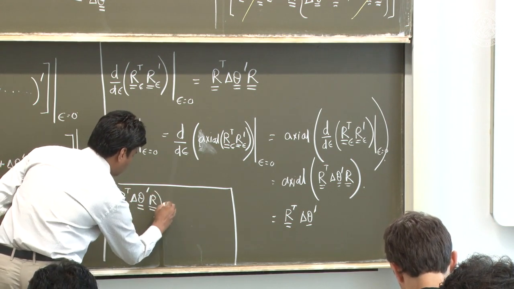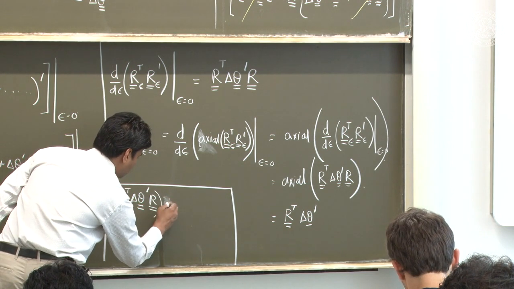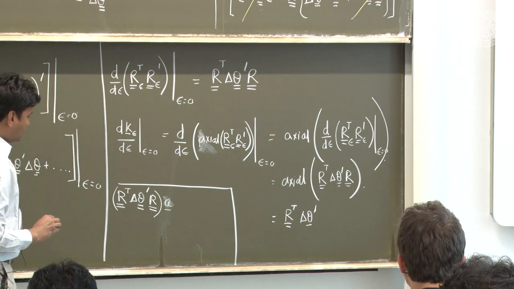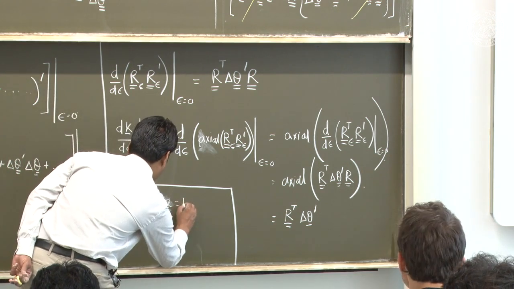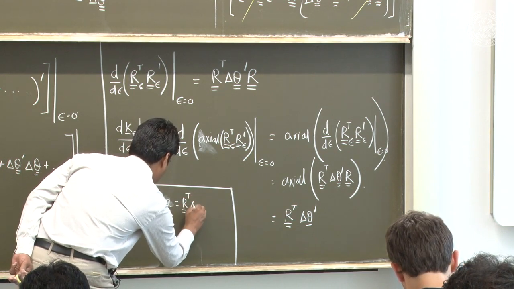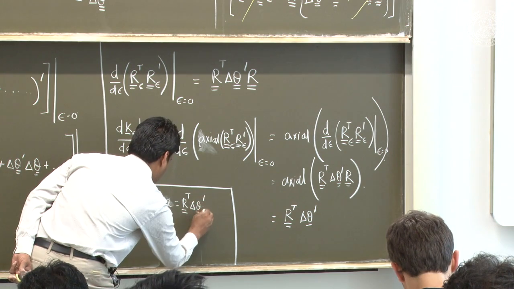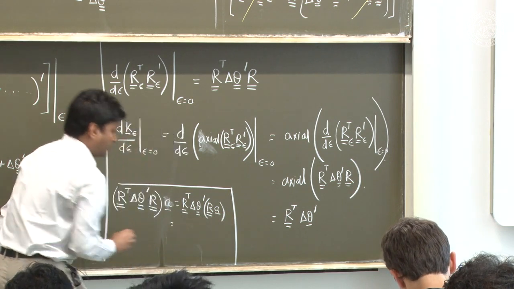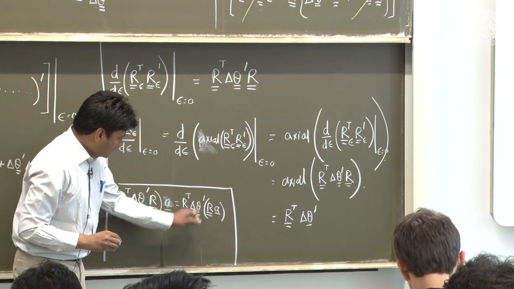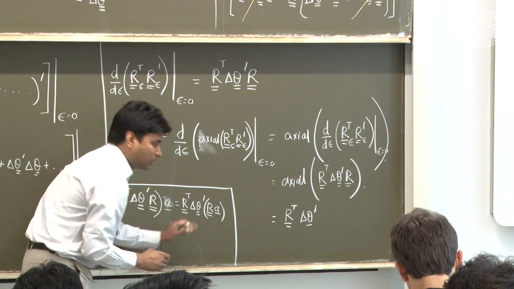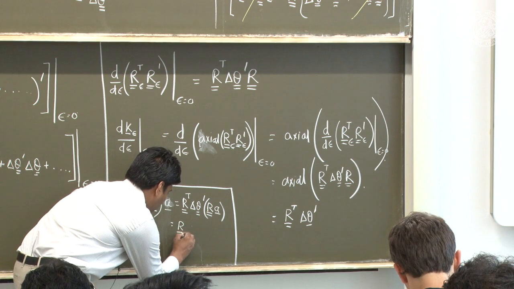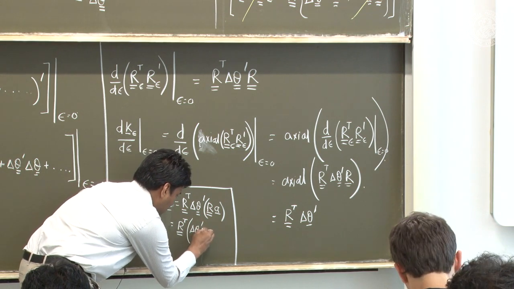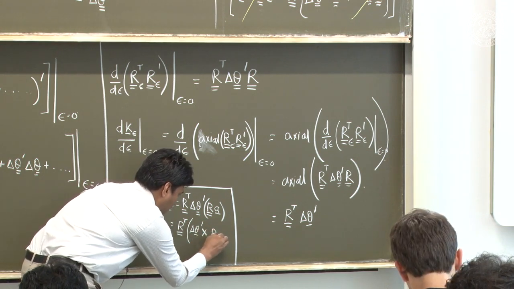So if I multiply this with a vector, let's say a vector a, then this is equal to r transpose delta theta prime into r a, and then this delta theta prime, because this is skew symmetric, it is same as r transpose of delta theta prime cross r a.